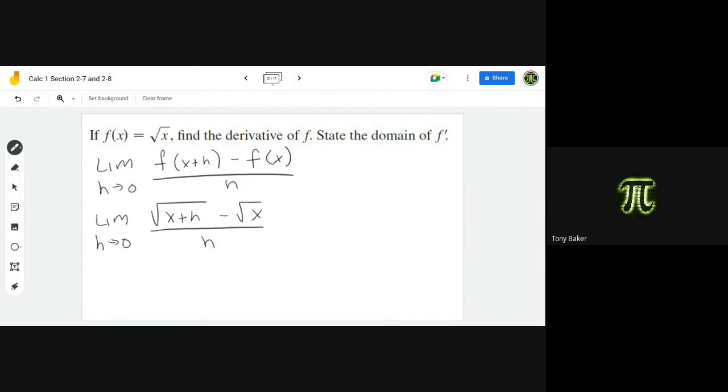Simplify. Also was a question on your test, except there was a number in there, not an h.